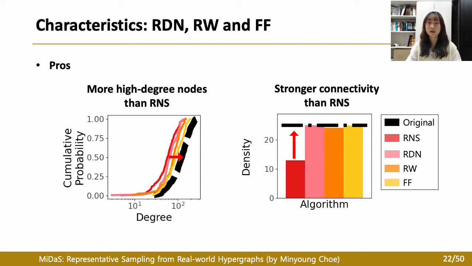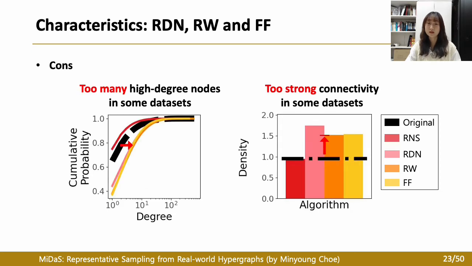Resulting from the fact that high-degree nodes strengthen connectivity, the samples tend to have a stronger connectivity. But in some datasets, such as a co-authors dataset, the sub-hypergraphs sampled from these approaches have too many high-degree nodes, and as a result, they have too strong connectivity compared to the original hypergraph.